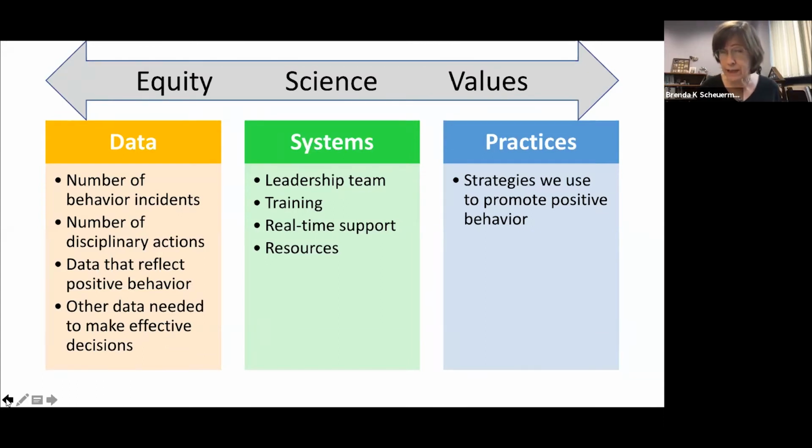There may be some adaptations to each of those components, but the same components are critical. And across all of those components, we're always striving for equity in our practices. We're using science-based, evidence-based practices that still reflect our local values and needs and priorities.